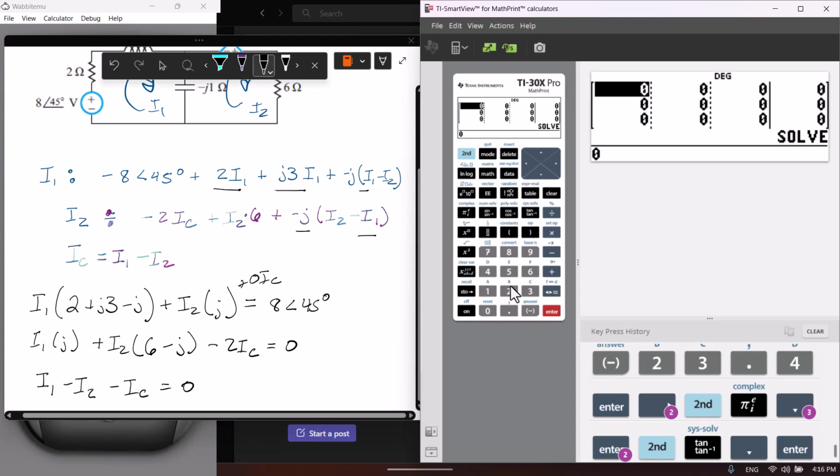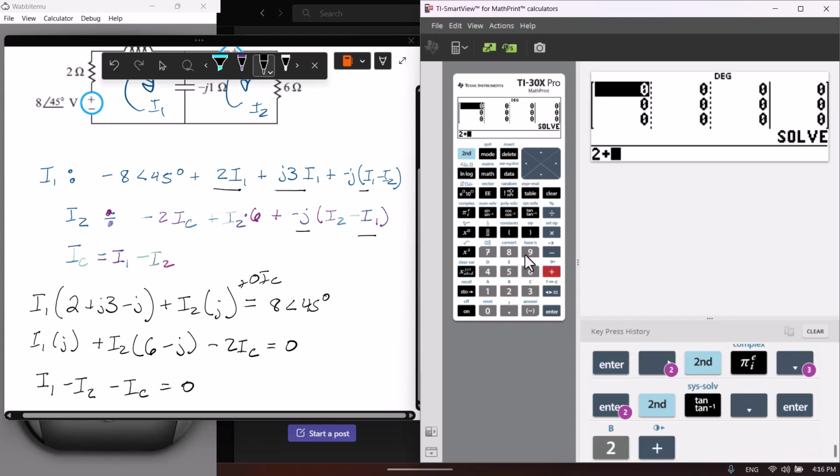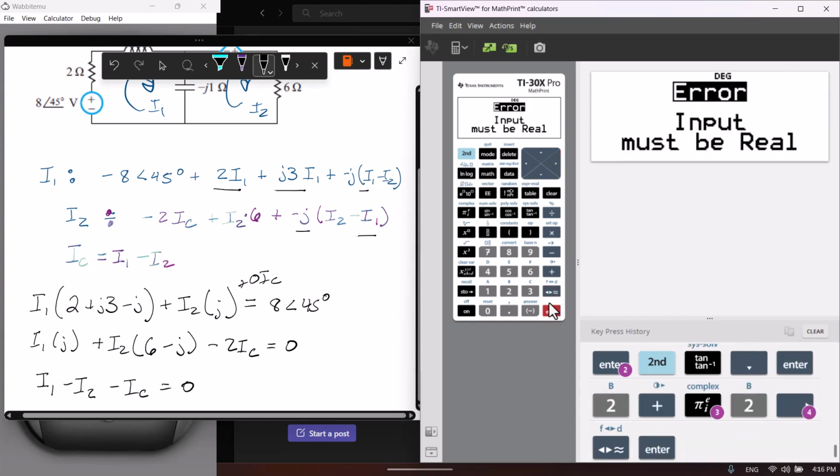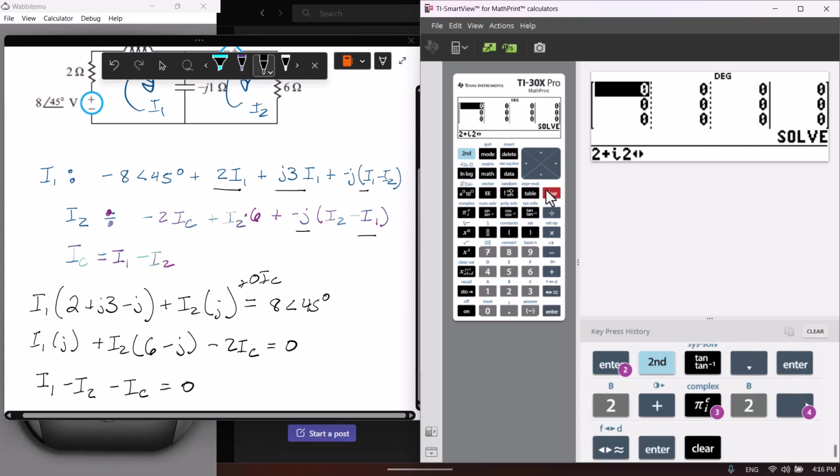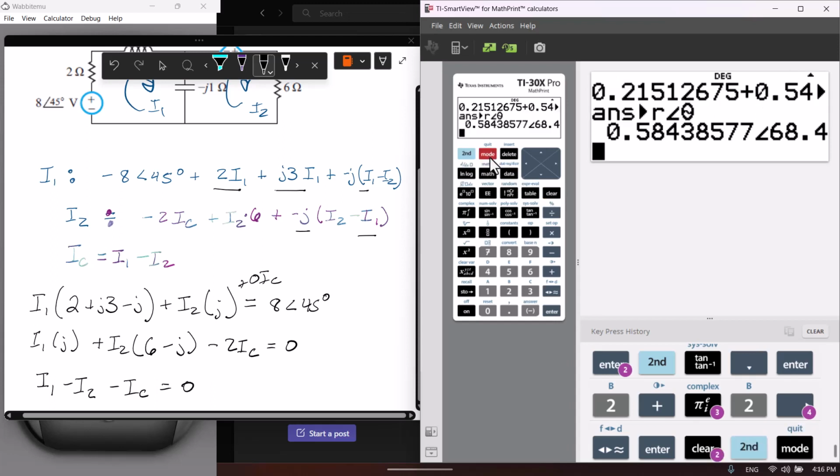And my I1 is, so J3 minus J is J2. So that's 2 plus J2. And then I2... oh no! It doesn't work. Ah, all right.